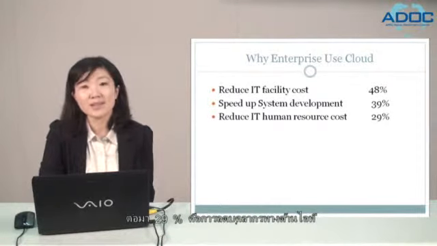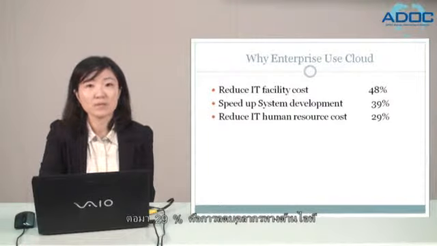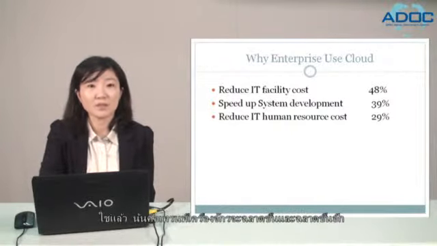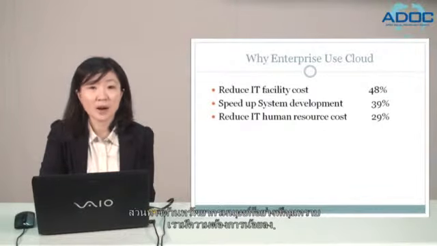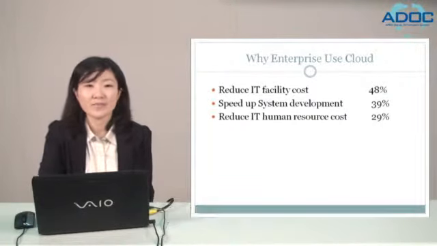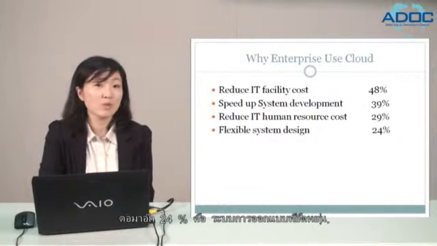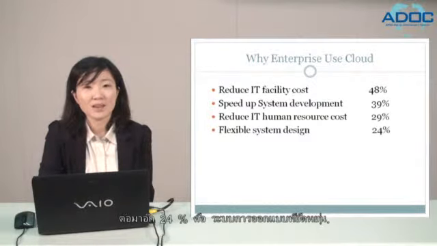The next one is 29%: reduce IT human resource cost. That's the trend. As machines become smarter and smarter, we require less human power. The next one, 24%, is flexible system design.